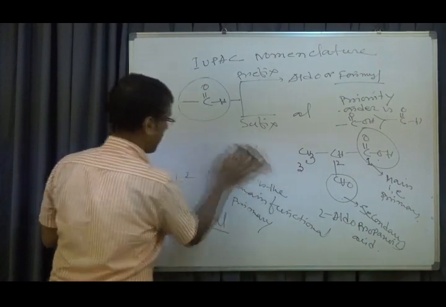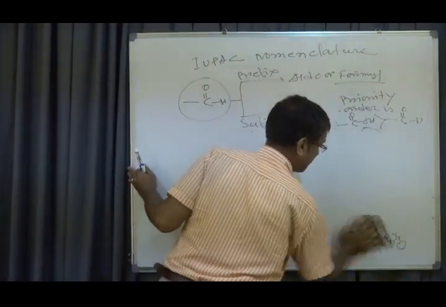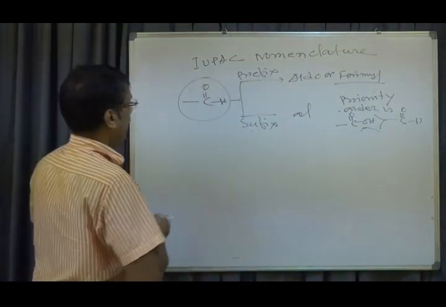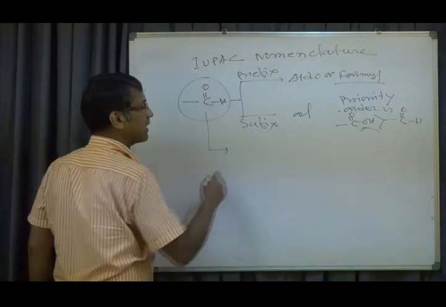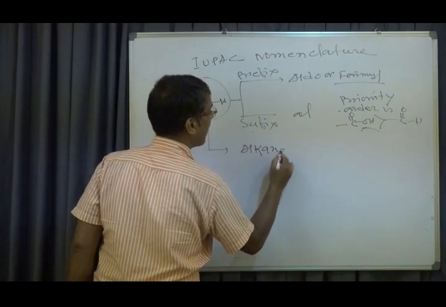Now, nomenclature. If a single aldehyde group is there, then the style is alkanal.